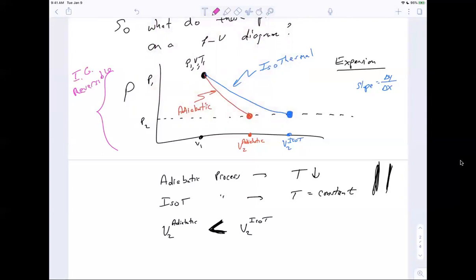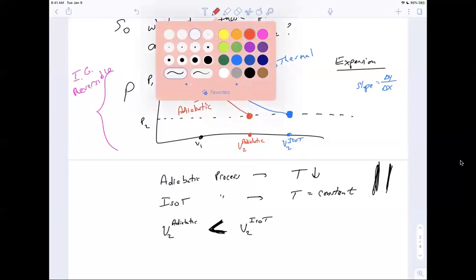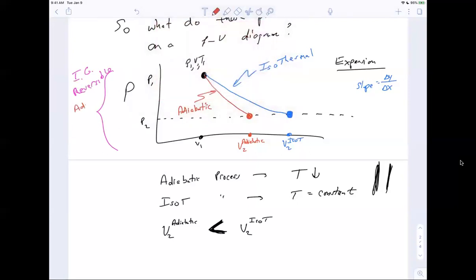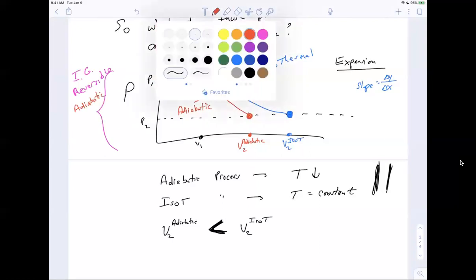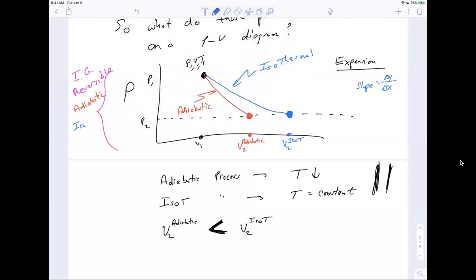Okay, now hopefully you're beginning to see that. So it's reversible, and in one case, it's adiabatic, and in one case, it's isothermal.